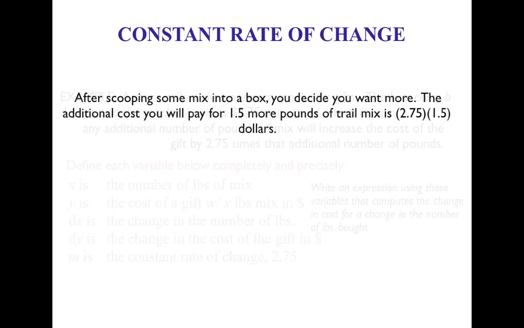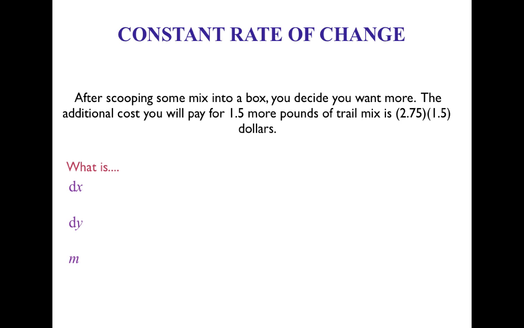Okay, so same thing. After scooping some mix in your box, you decide you want more. The additional cost you pay for 1.5 more pounds is 2.75 times $1.5. So define these in this particular situation, define and give the value of these. Go.